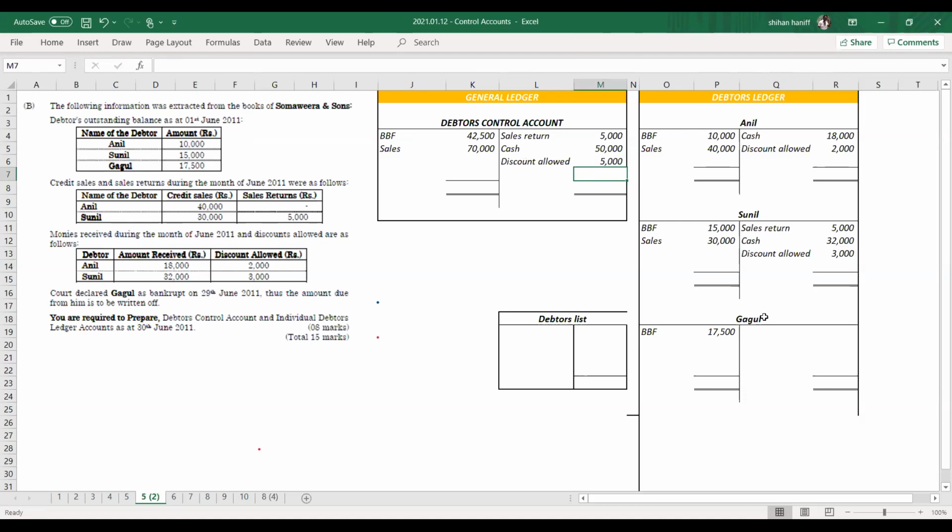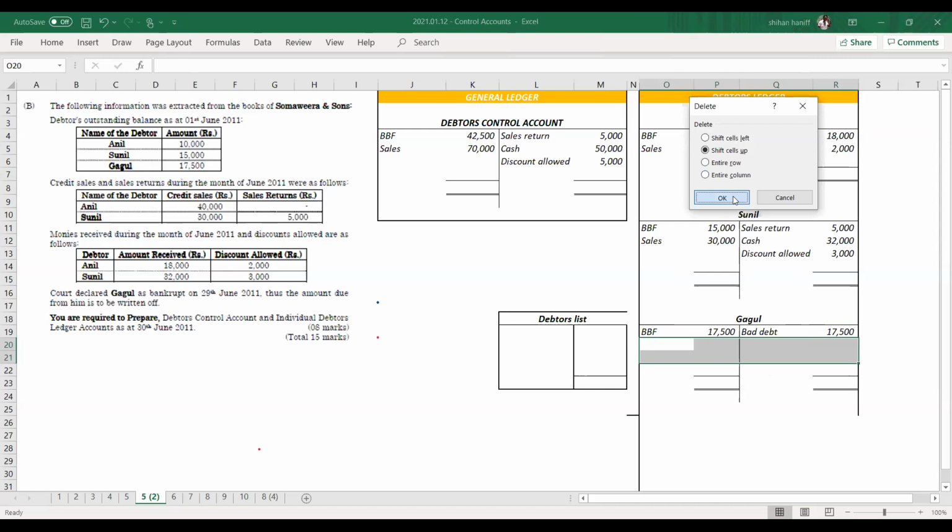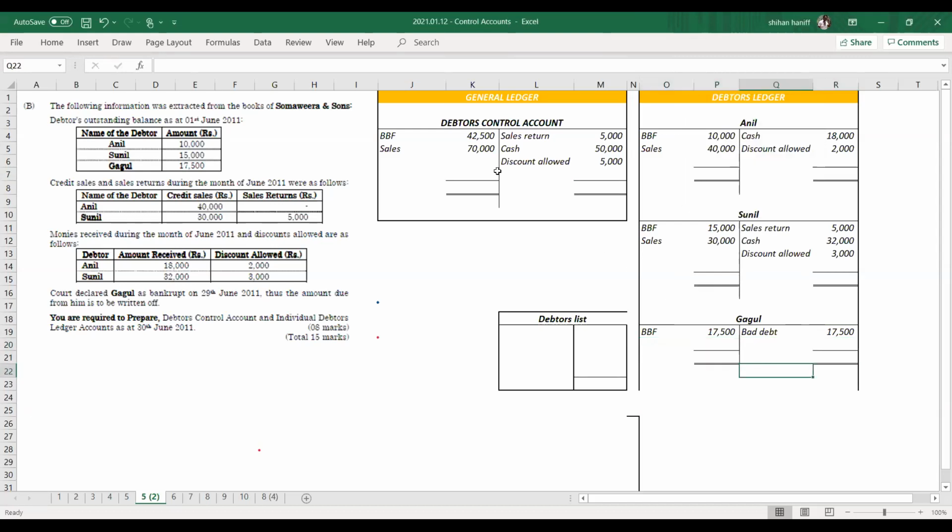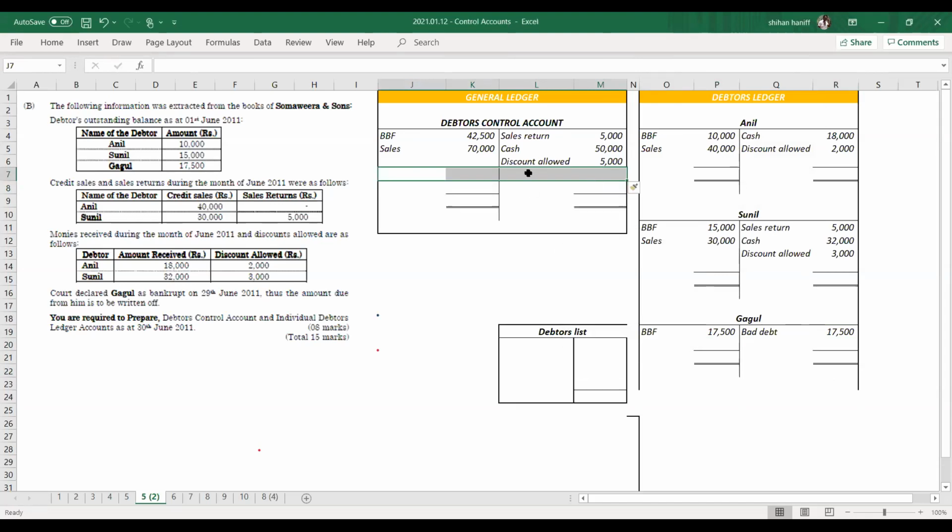Thus the amount due from him is to be written off. So Gagul's balance is a bad debt of 17,500. So we write off Gagul's balance as bad debt, 17,500.